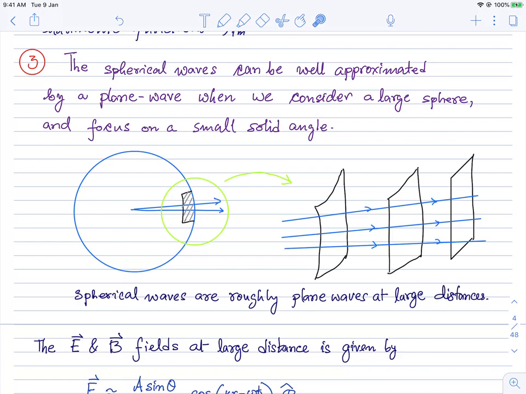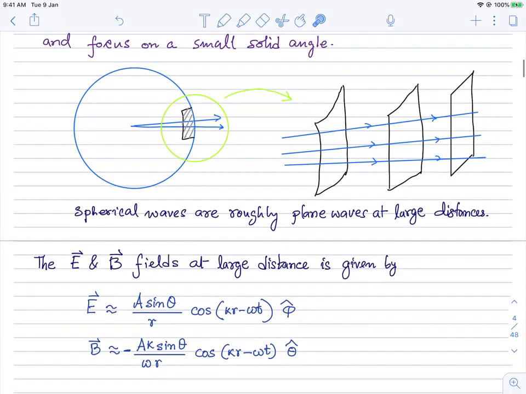So you see that if I consider, let's say this is the origin, and this solution is such that there is a propagating wave far, far away along this direction. If I consider a small area element here directed along one solid angle, and the radius of this sphere is very, very large, then this little area element would essentially resemble that of a plane, right?